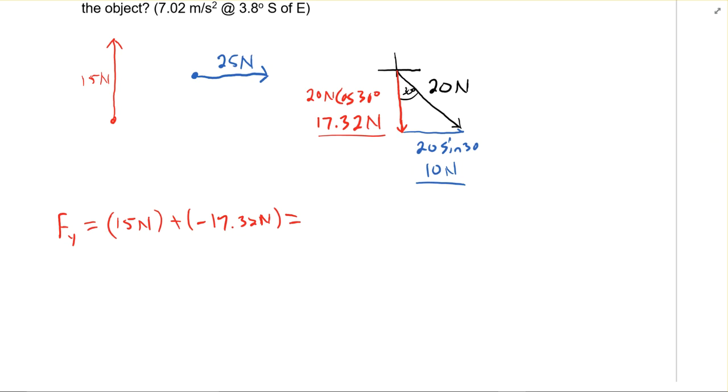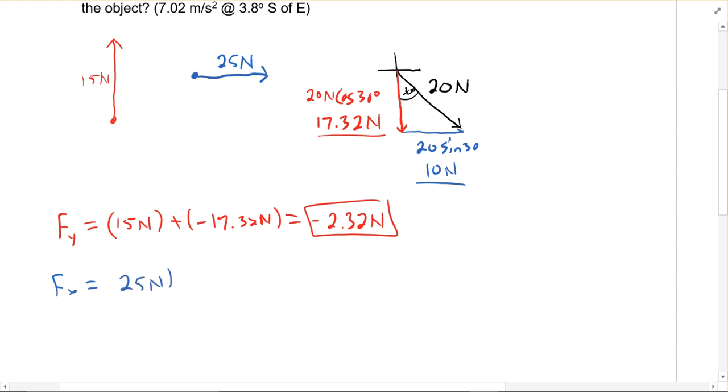So negative 2.32 newtons. Okay. In blue, I've got Fx. It's going to be 25 newtons plus 10 newtons. So this is going to be 35 newtons.